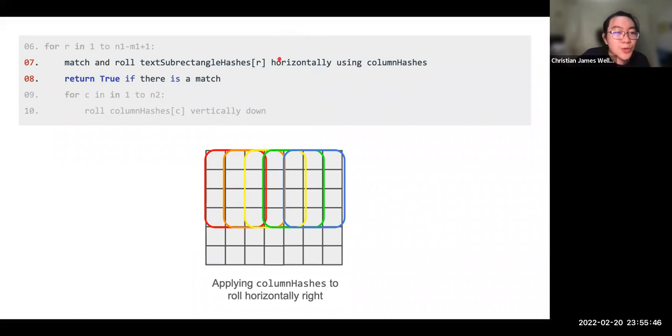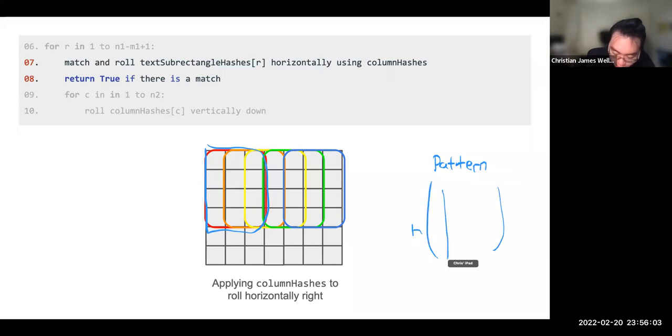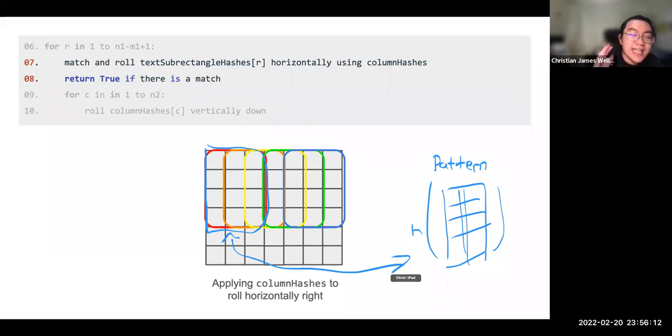It's not evident in the pseudocode, but every single time, we check whether the hash of this text matches the hash of the pattern. So I have a pattern, I hash it, and check if those two things match. If at any point there's a match, just return true.